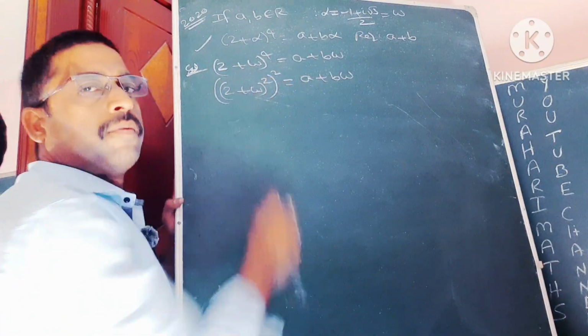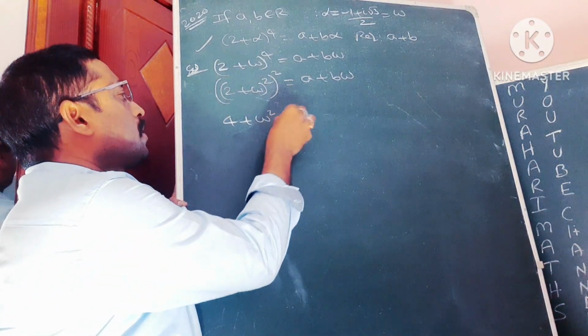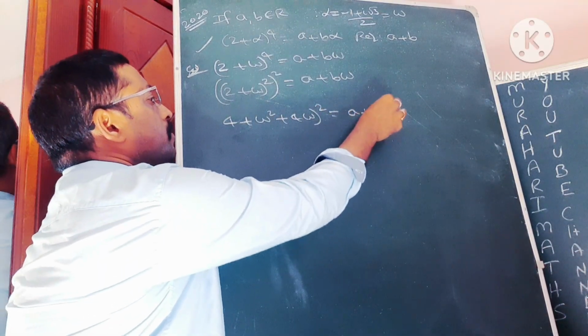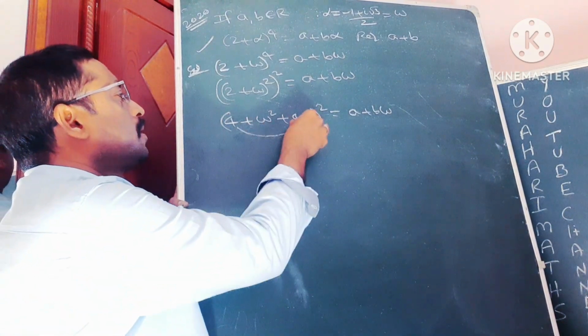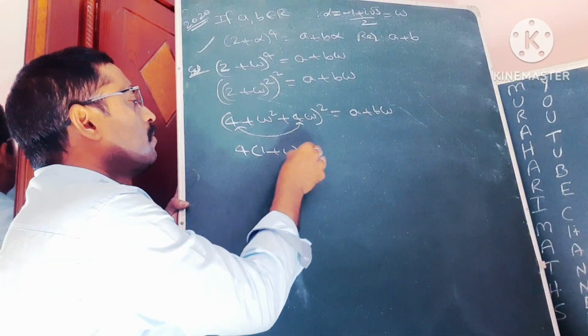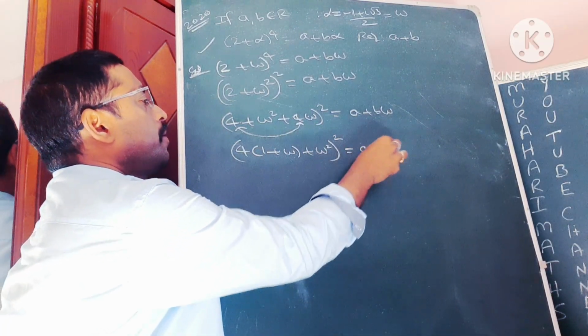Squaring (2 plus omega) squared gives (4 plus omega square plus 4 omega) whole squared, equal to a plus b omega. Here 4 is common inside: 4 times (1 plus omega square) whole squared is equal to a plus b omega.